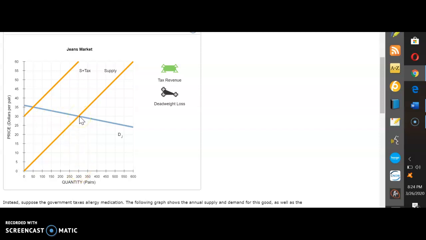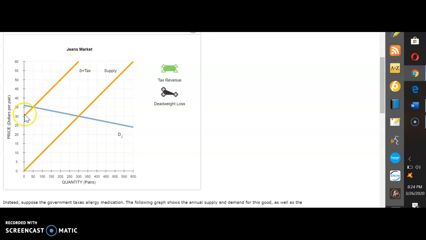Now, if there's a $30 per unit tax, they're going to have to be able to get $60 at that price. Then they pay the $30 tax. That would bring them back to $30 where they were before. So that's what they would have to have. But of course, demanders aren't going to pay that. So the supply curve shifts up by the amount of the tax.